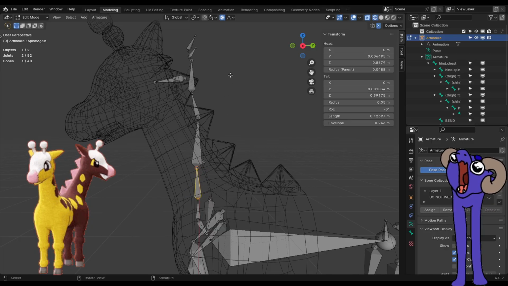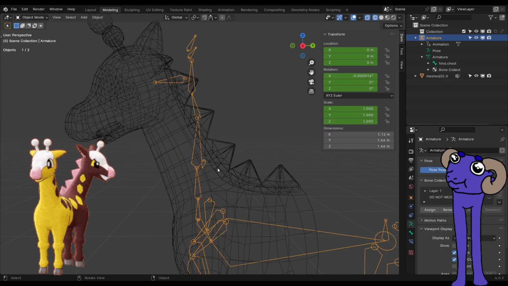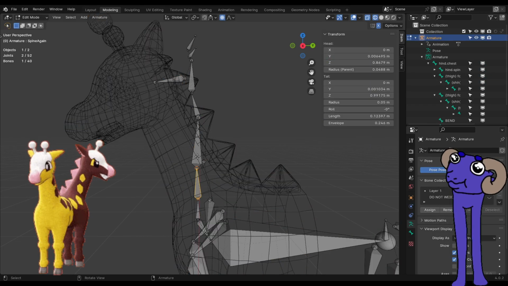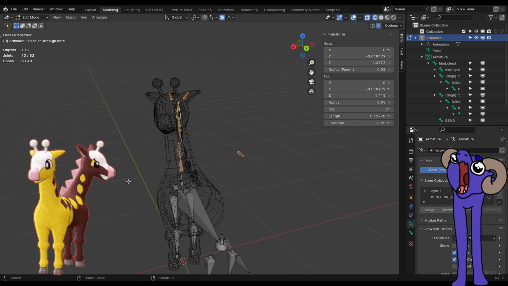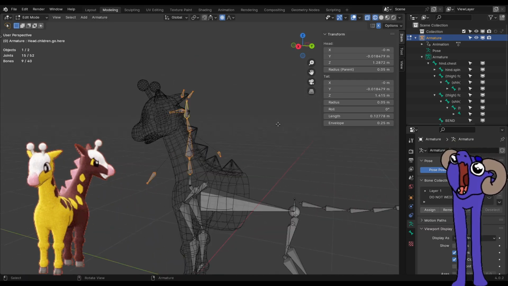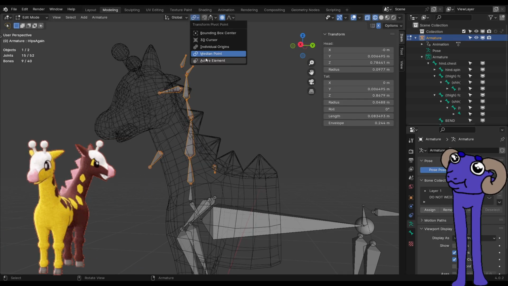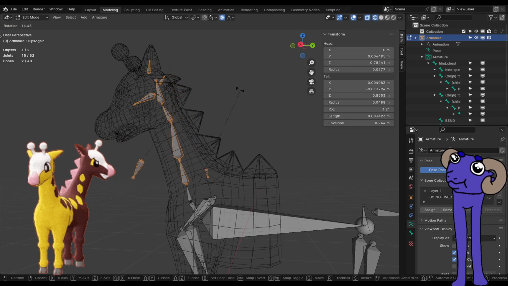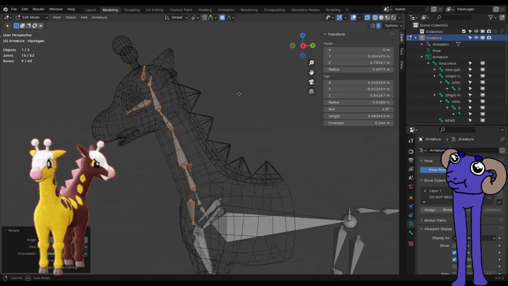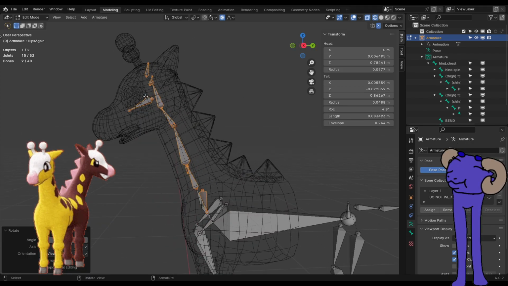Because I don't want to just move this individual element. Maybe I have to move everything at once. And if I... Oh. Rotate on the active element? Yeah.